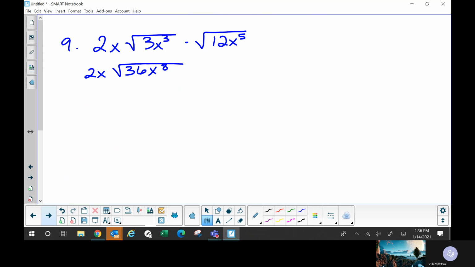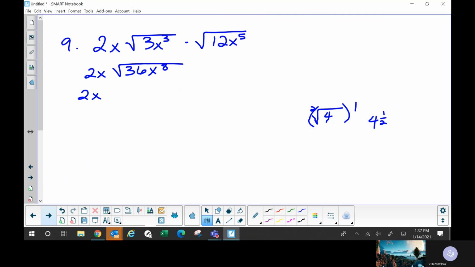And so anytime you have a square root of whatever, so let's say you have the square root of 4. Your root is 2, your power is 1. So that's really 4 to the 1/2 power. So anytime you have a square root, it's really to the 1/2 power. So keep the 2x on the outside.